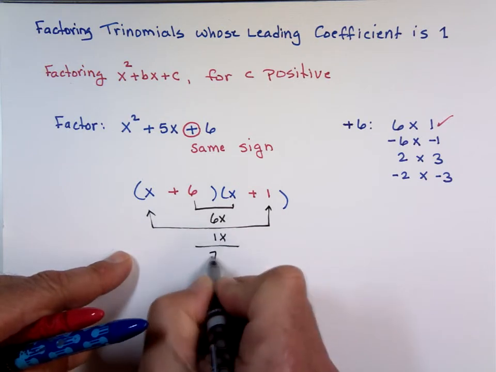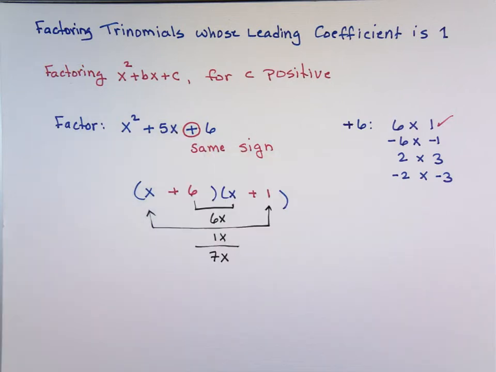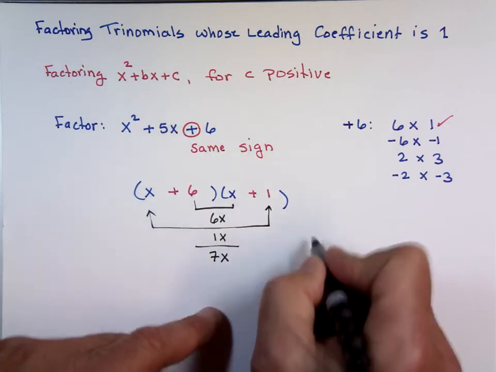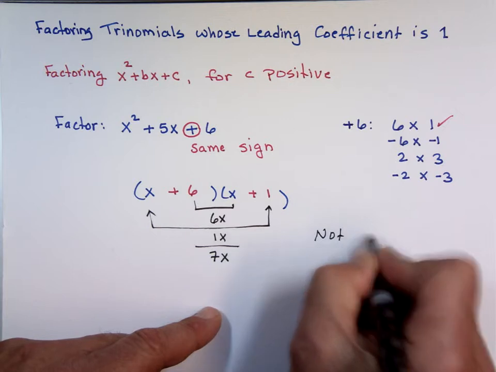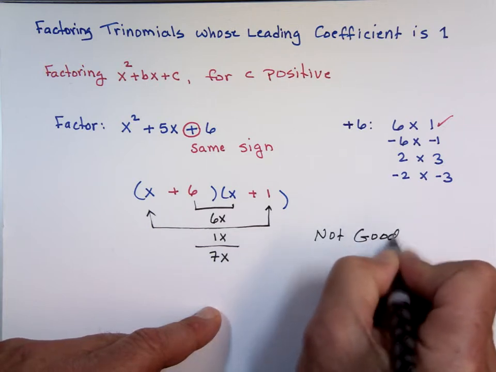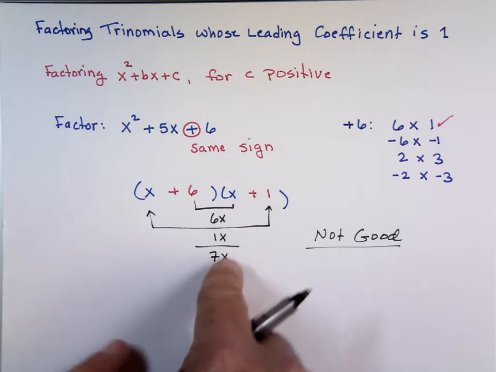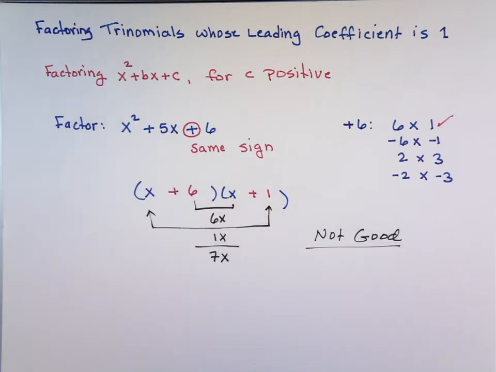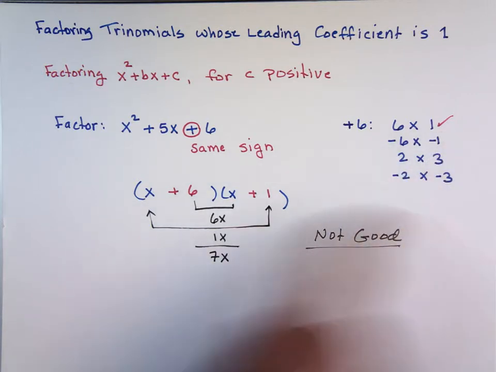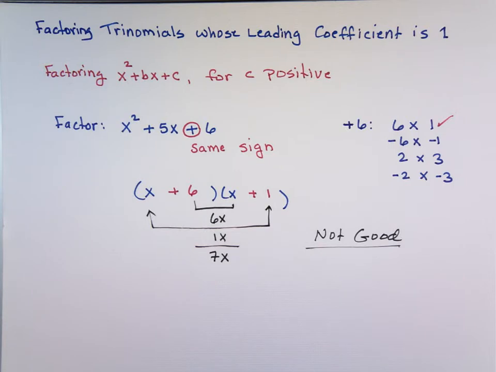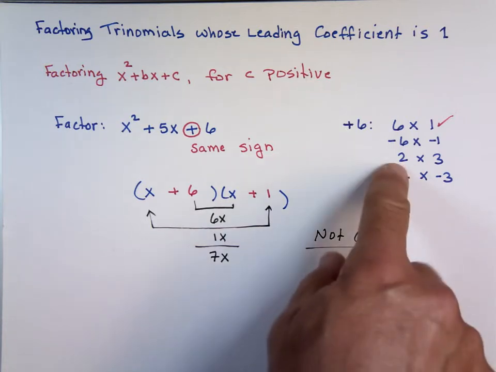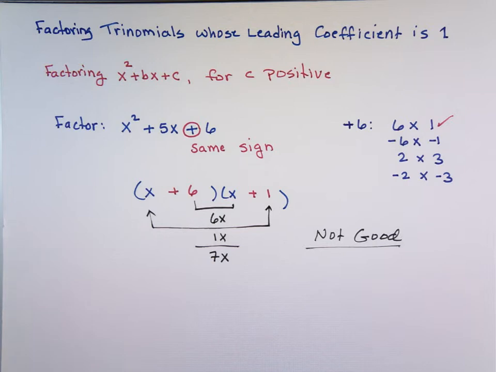We have 7x, not 5x. That's not good. Well, if I try the negative 6 and negative 1, I'm going to have a negative 7x. Not good either.